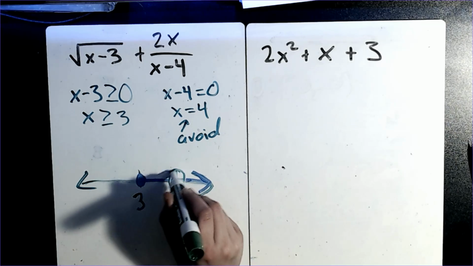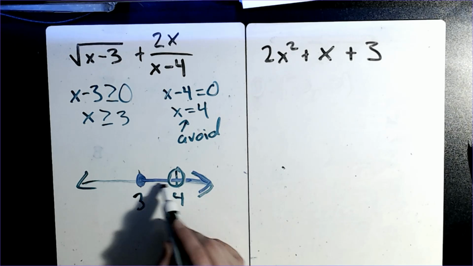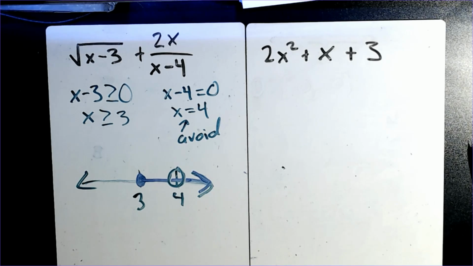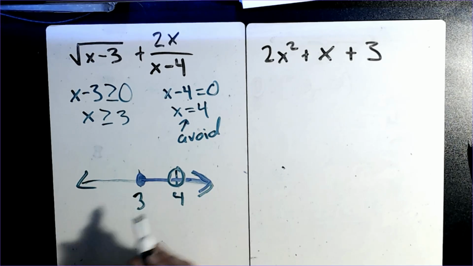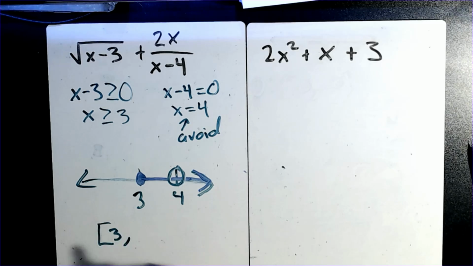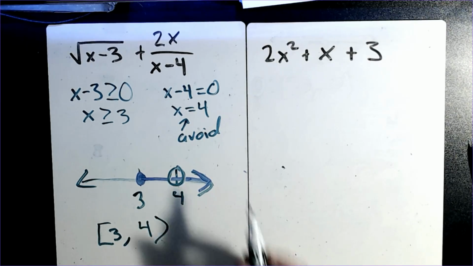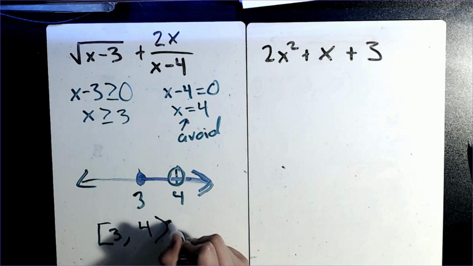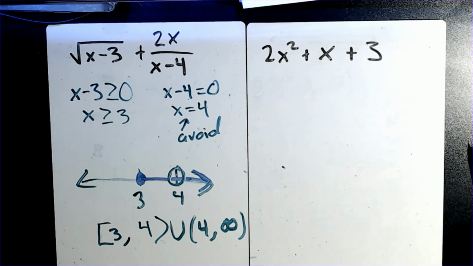So there's going to be a hole at the 4, but then everything else to the right will work. So the domain of this function is: we include 3, we go up to 4, don't include 4 though, because that'll make the denominator 0, and then 4 up to infinity. And that's the domain of this function.